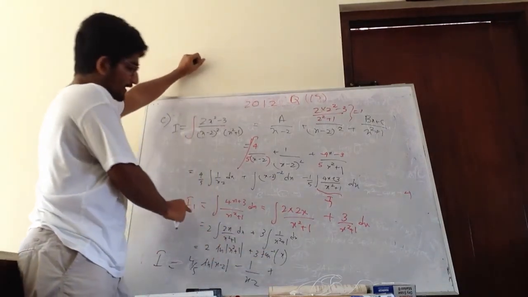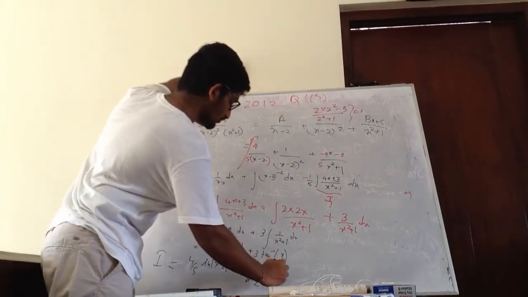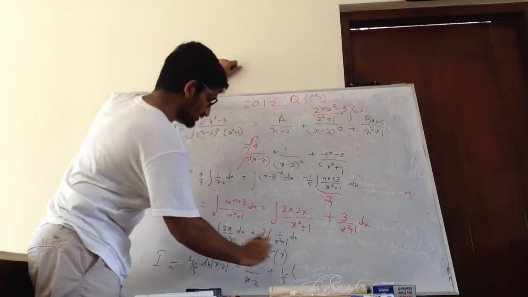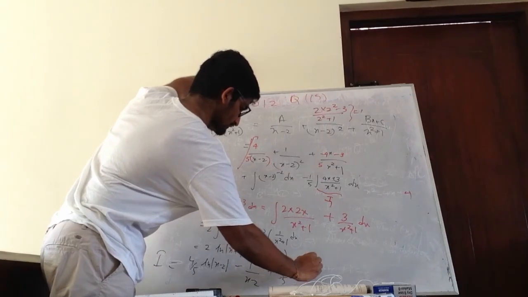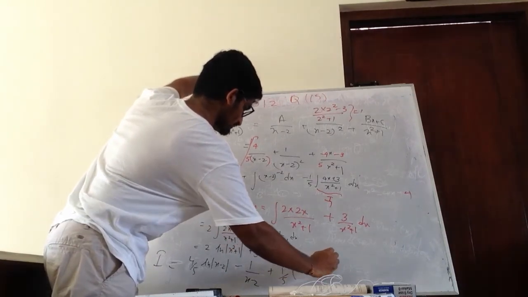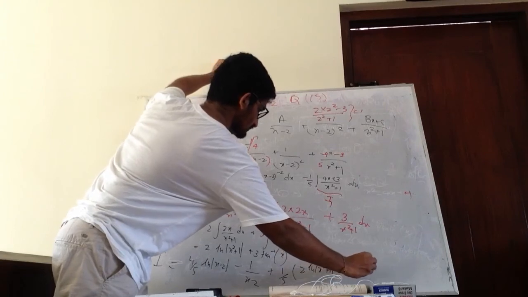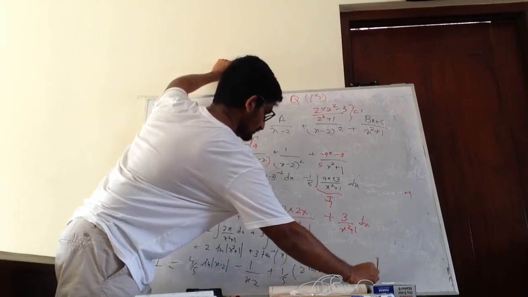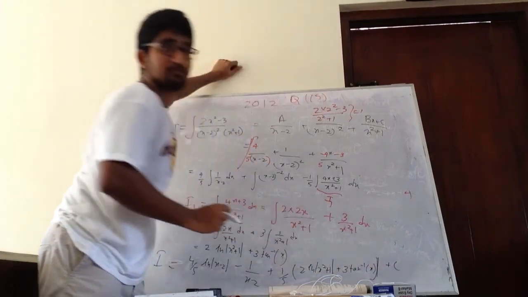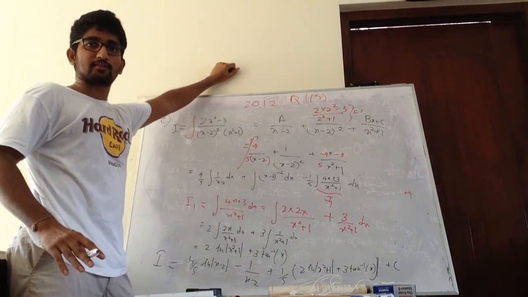Plus the I1 part, that means 1 over 5 times this, plus C. Correct?